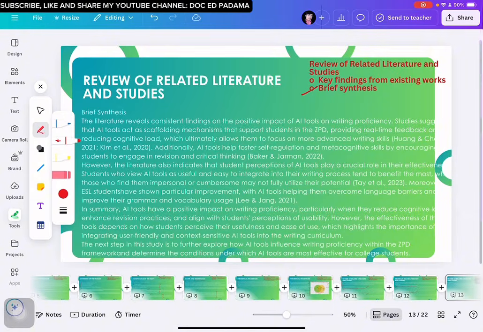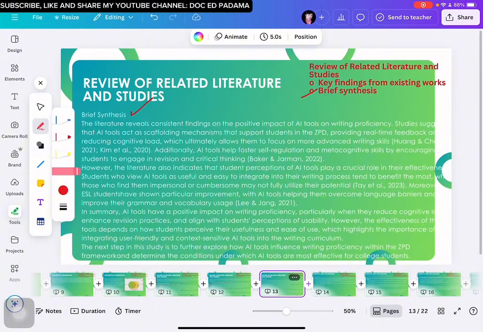Ano yung pare-pareho dito sa mga references na ginamit nyo, both literature and studies, and then ano ang significance nitong mga pagkakapareho nito doon sa research na ginagawa ninyo. So that is what we mean by presenting the synthesis of the study.